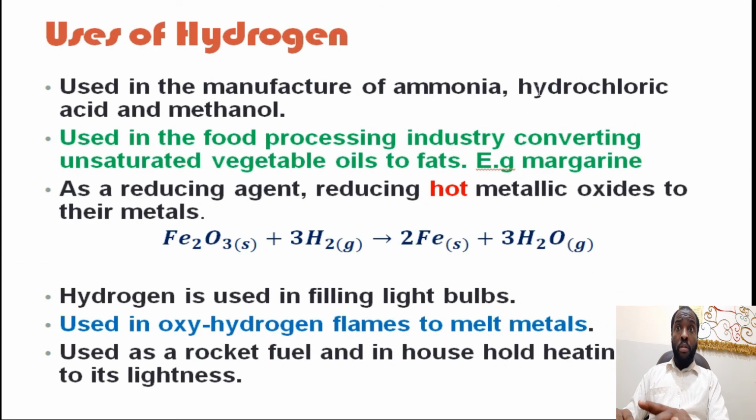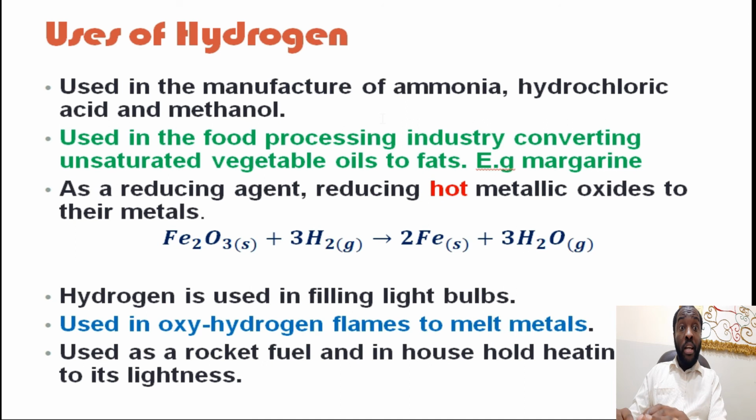Good. Now, secondly, your hydrogen is used in your food processing industries, where they are involved in the conversion of unsaturated vegetable oils to the saturated fats. Good examples, we have our margarine or our butter.